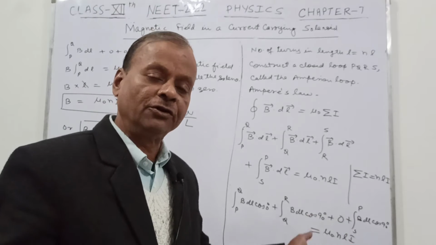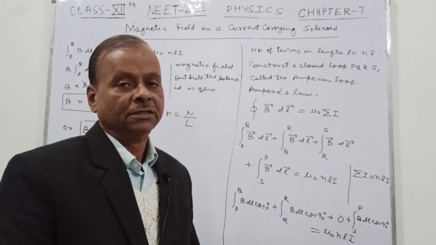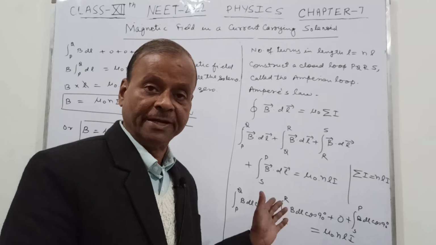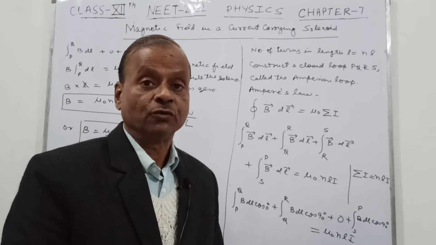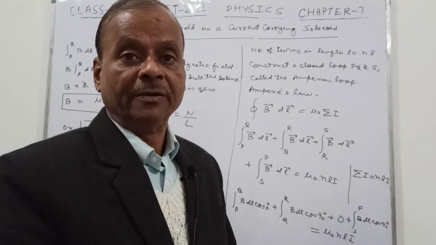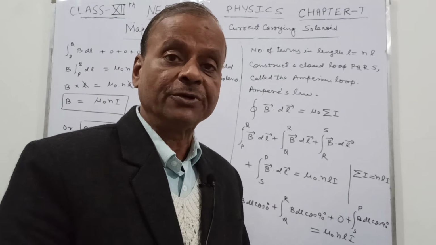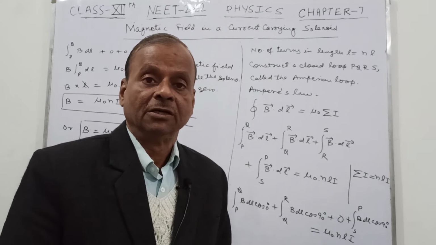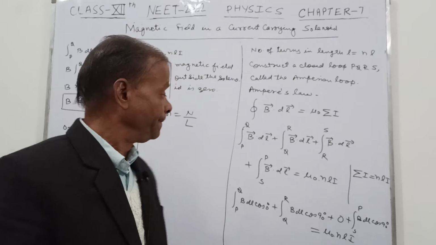The bigger the solenoid, with the number of turns being the same, the magnetic field will decrease. So for higher magnetic field, the number of turns must be as large as possible, and the length of the solenoid must be as low as possible.